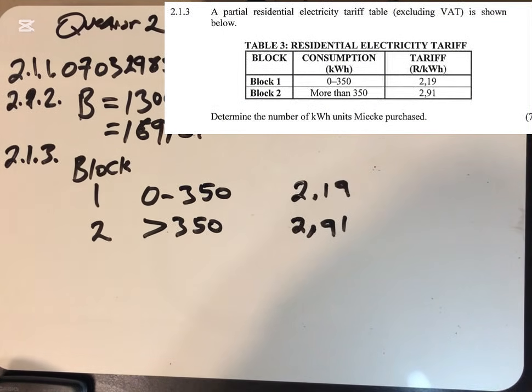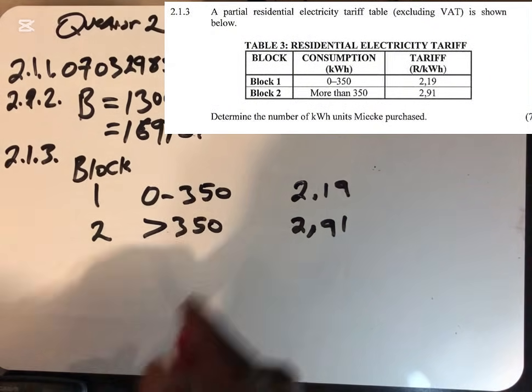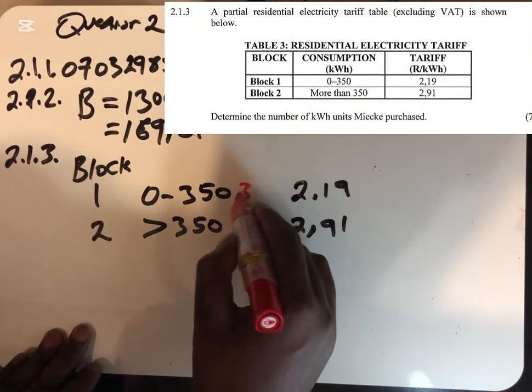And again, if we go back to the till slip, we can see that they have used 1,130 for electricity. So we must calculate the difference in block number 1, which is 350 minus 0. We find that the difference here is 350.